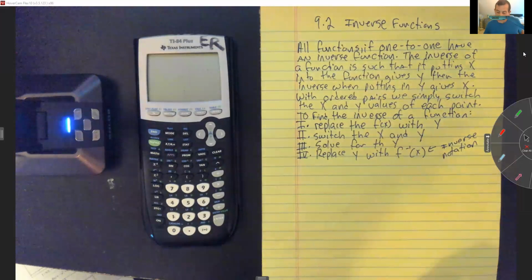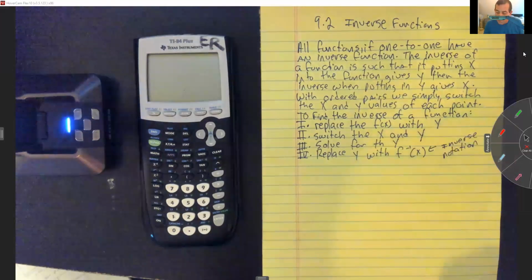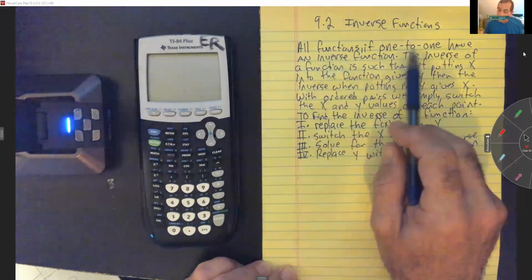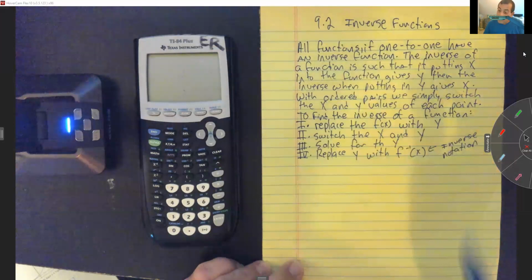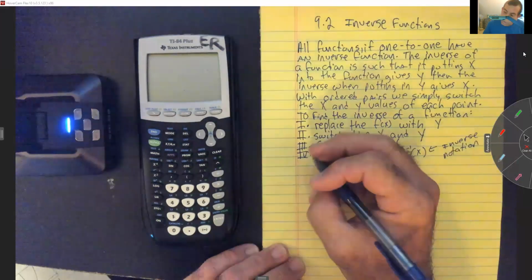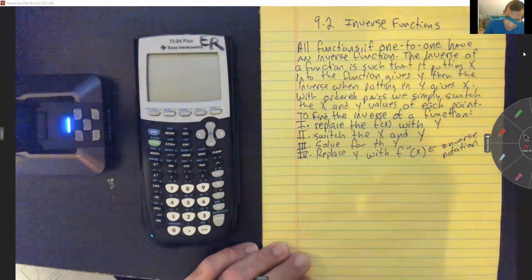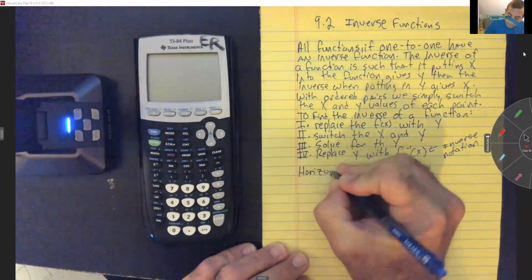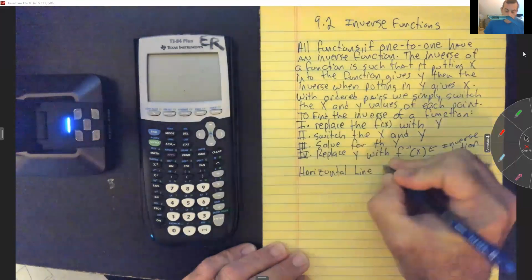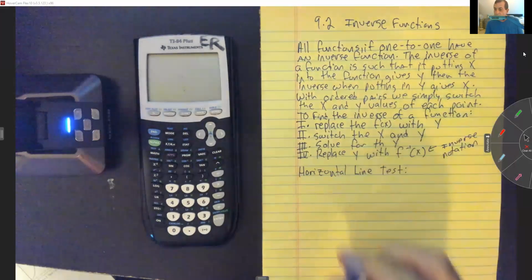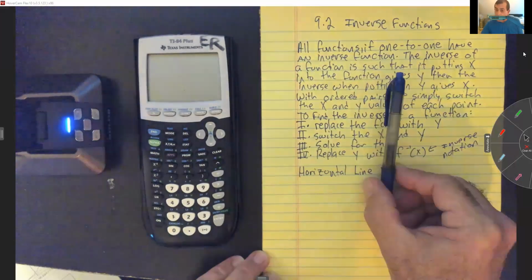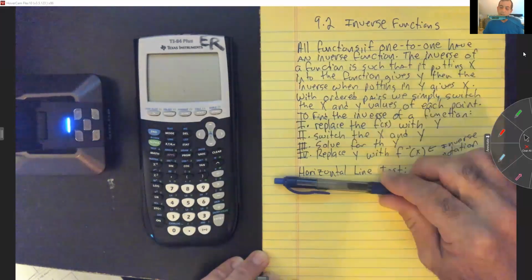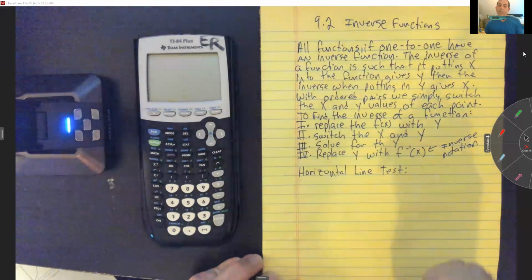And then way up here when I was giving you this, it said all functions if one-to-one. So we need to figure out how to tell if a function's one-to-one. To find out if it's one-to-one, we use what we call the horizontal line test. I did a vertical line across it to see if it was a function. Now I'm going to run a horizontal line down it to see if it's one-to-one. If it's one-to-one, then it will have an inverse equation.